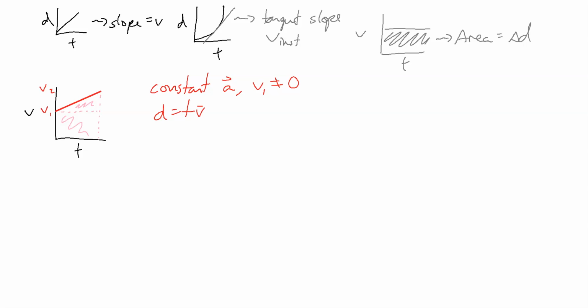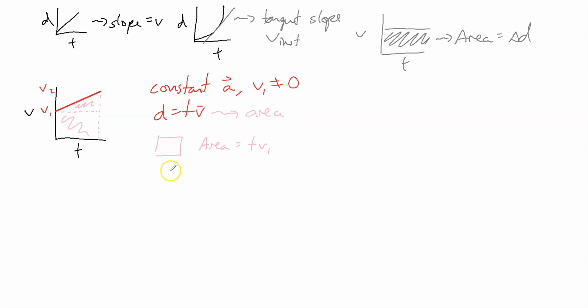We talked about this before: this is the area underneath the graph, and there are a couple of things you can do with that. You have two areas, the rectangle as well as the triangle. The area of the rectangle would be the base times the height, which is t times v1, and that's basically dtv.